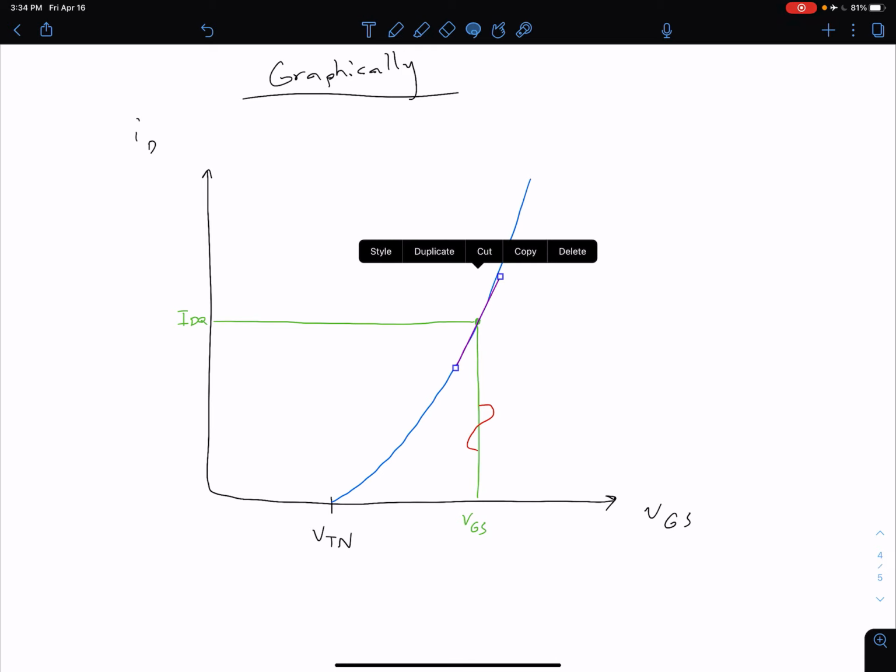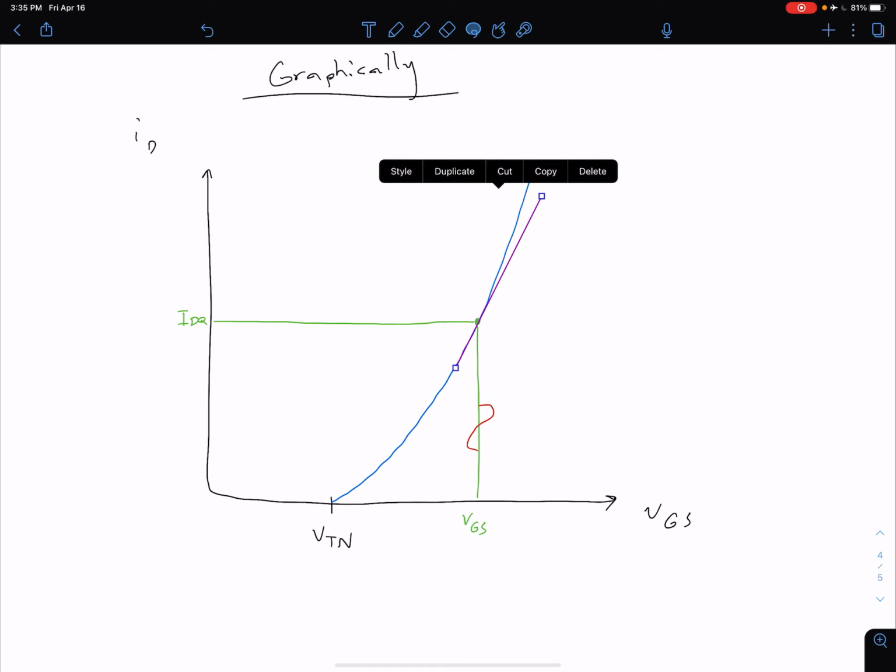We don't want to be deviating too far, because if we deviate too far, this linear approximation, for instance up here, is no longer a very good approximation. But if we keep that VGS signal small enough, we're not deviating very far, and you can see that purple line, which is our linear approximation, is a pretty good representation of what our amplifier is going to do.